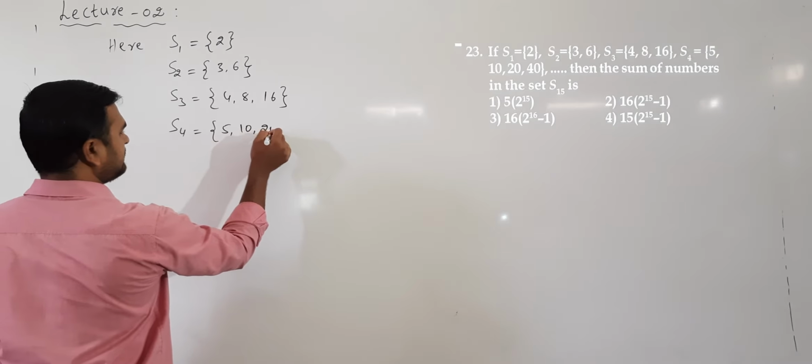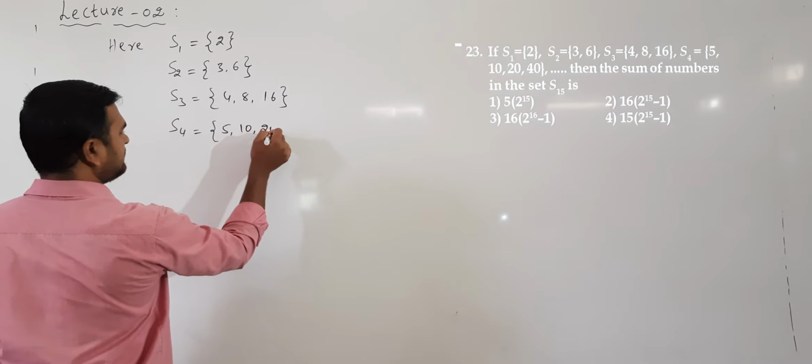Now how to find the other elements? If you observe this pattern 4, 8, 16, 8 is 4 into 2, next 16 is 8 into 2 and so on. So we multiply the previous element by 2 and get the next element. 5 multiplied by 2 gives 10, 10 multiplied by 2 gives 20, multiplied by 2 gives 40 and so on.